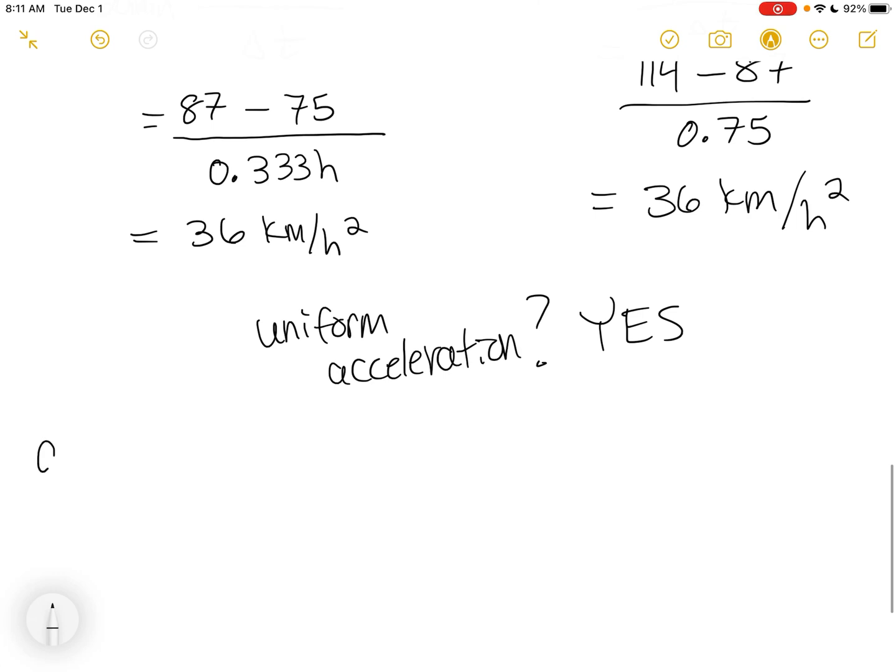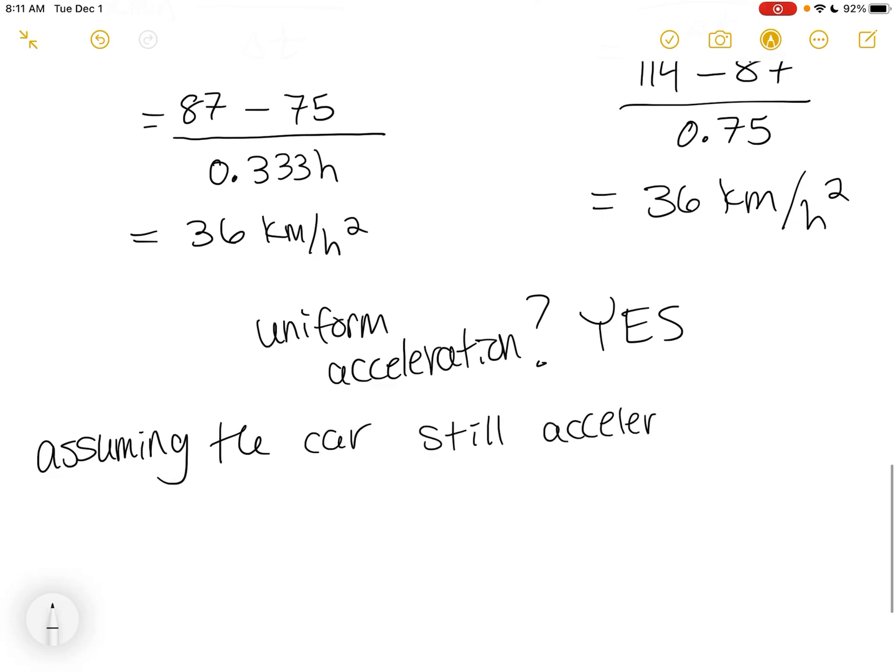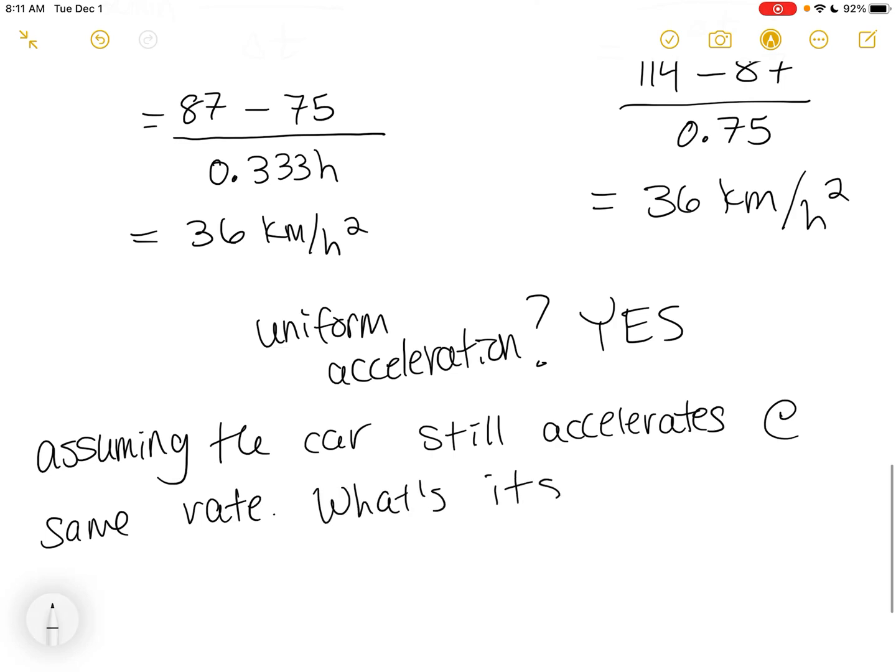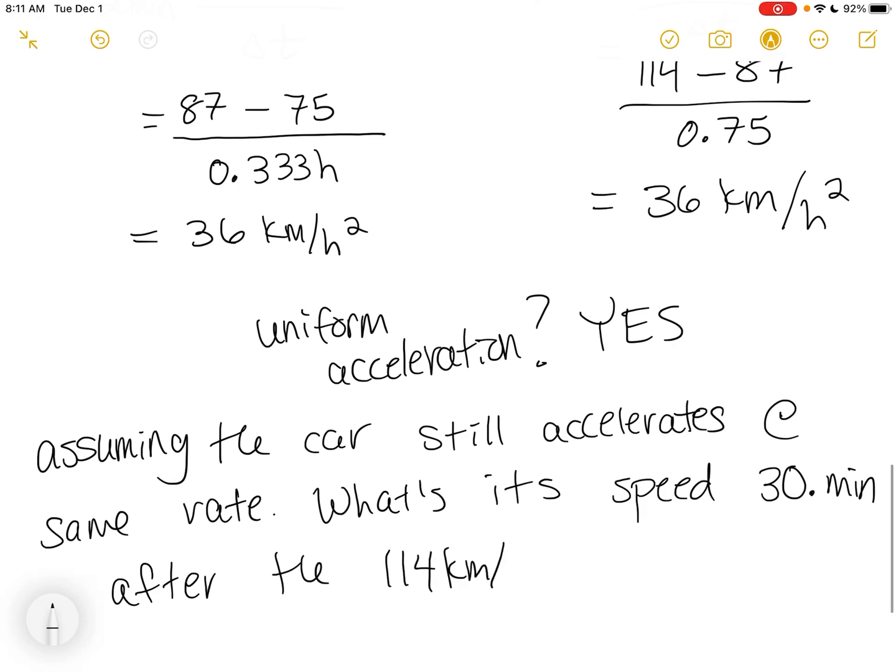Okay, so assuming the car still accelerates at the same rate, what's its speed 30 minutes after the 114 kilometer per hour speed?